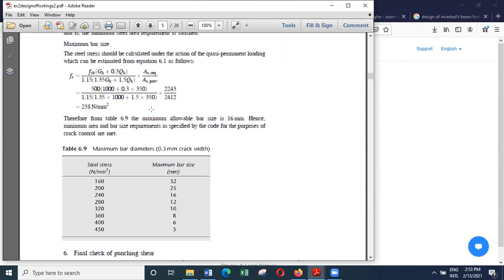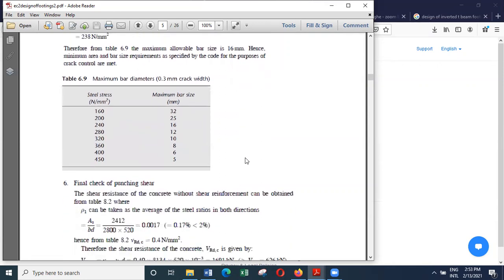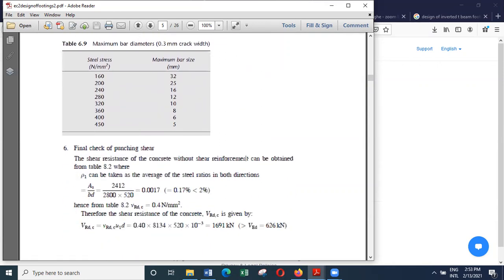Once you have the reinforcement and have checked crack control, then you can check for punching shear. For punching shear, we have to check the steel ratio in both directions, and the steel ratio is about 0.165 or 0.17, 0.0017.